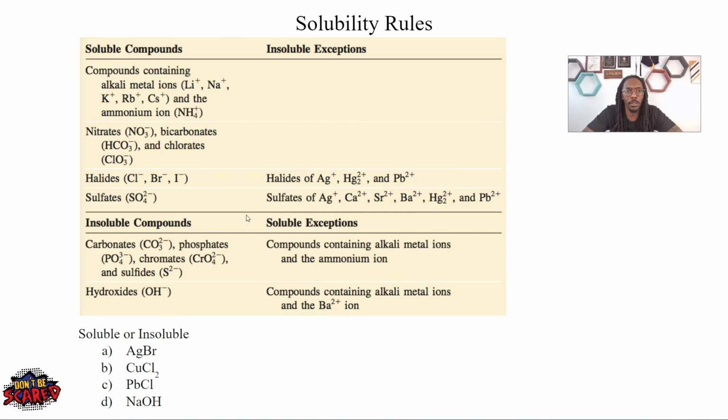Yes, it is. So because it contains an alkali metal, even though it's combined with hydroxide, it will be soluble. So sodium hydroxide is actually a soluble compound. If you got that one right, give yourself a clap. And this is how we do solubility rules.